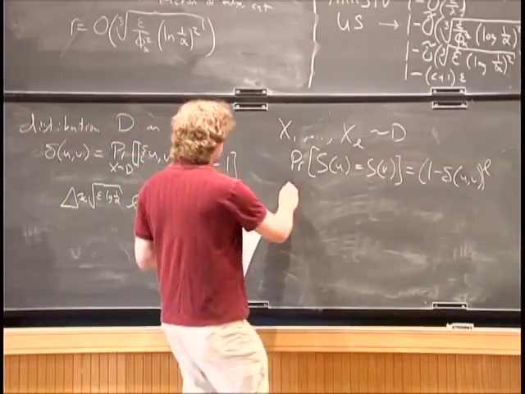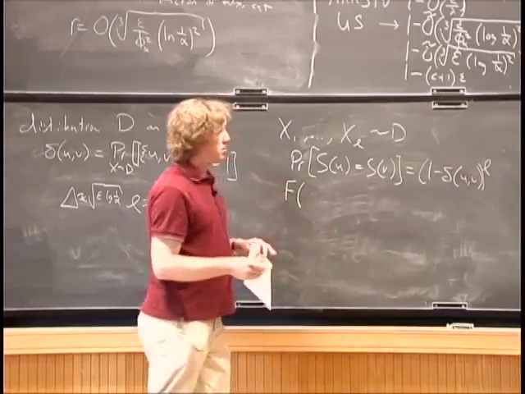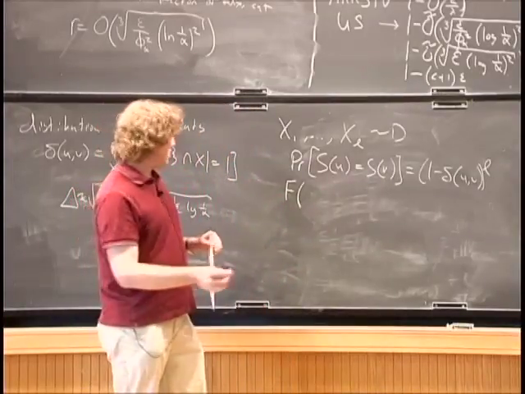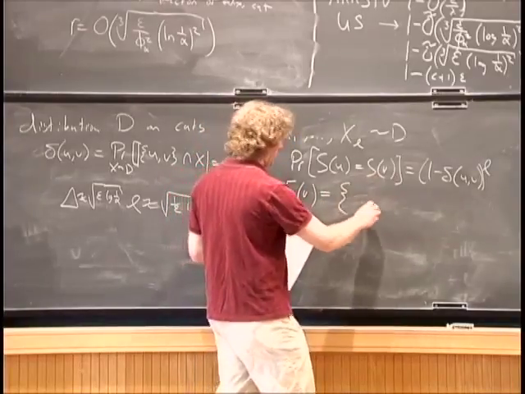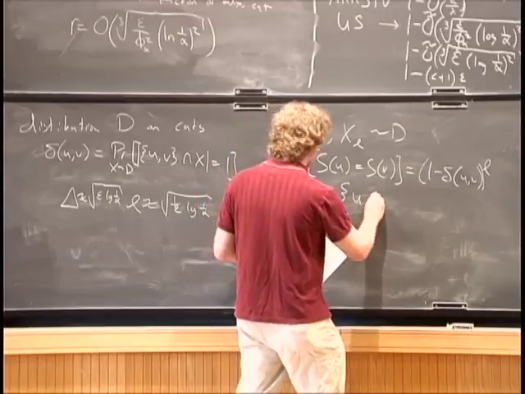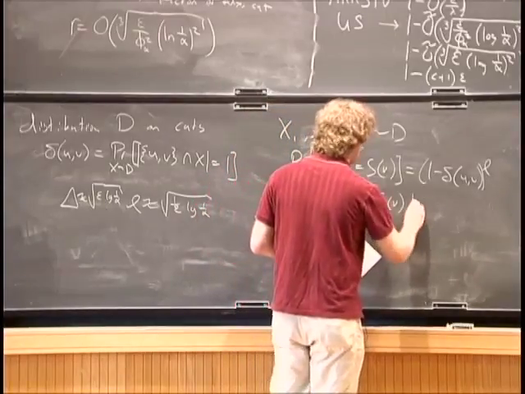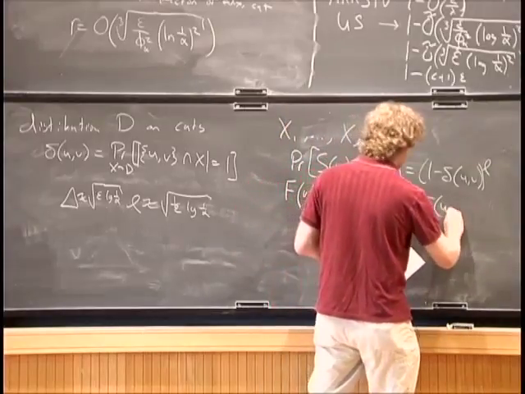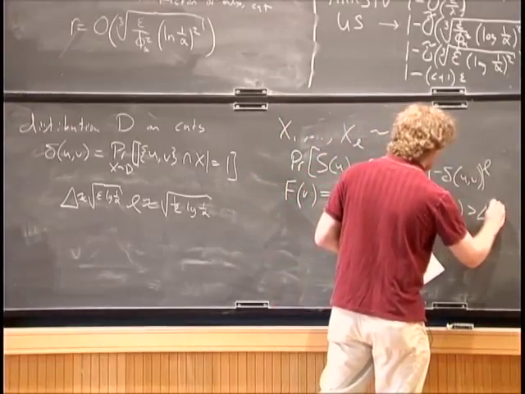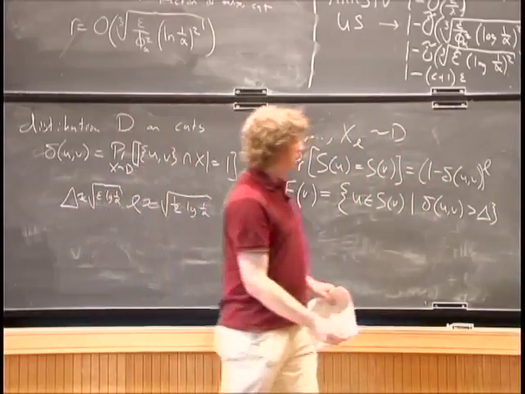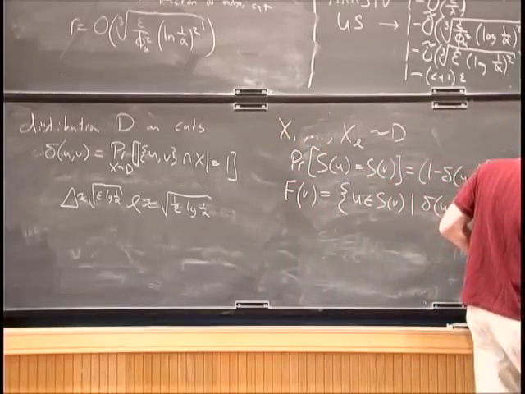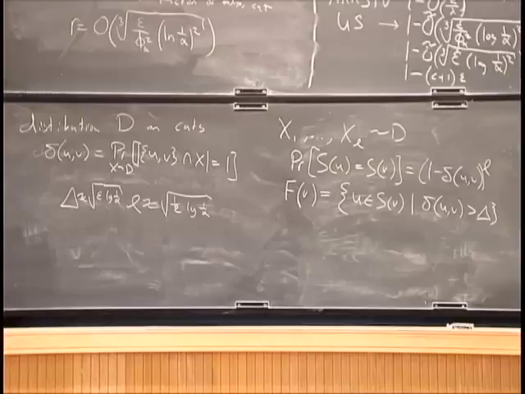Then, for each vertex, we'll define the set of vertices that are far from it while still being in the same set as everything that's in its same set but that's at least delta away from it. So for example, if we pick this vertex as V, then f of V may be all of this.